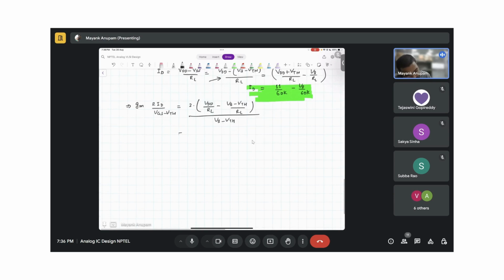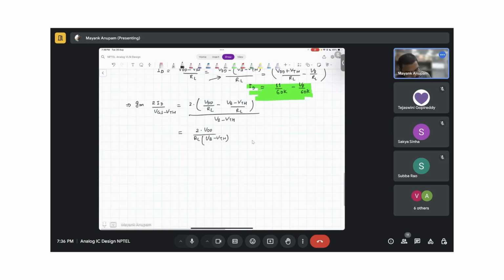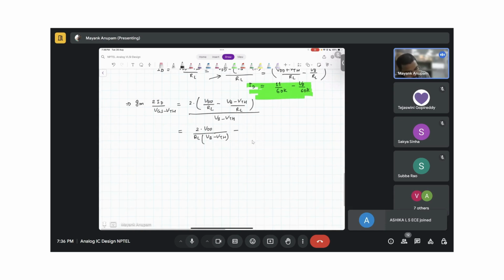Okay, so how much is this? 2 times VDD by RL into VB minus VTH, correct? And minus of how much? 2 upon RL, correct?